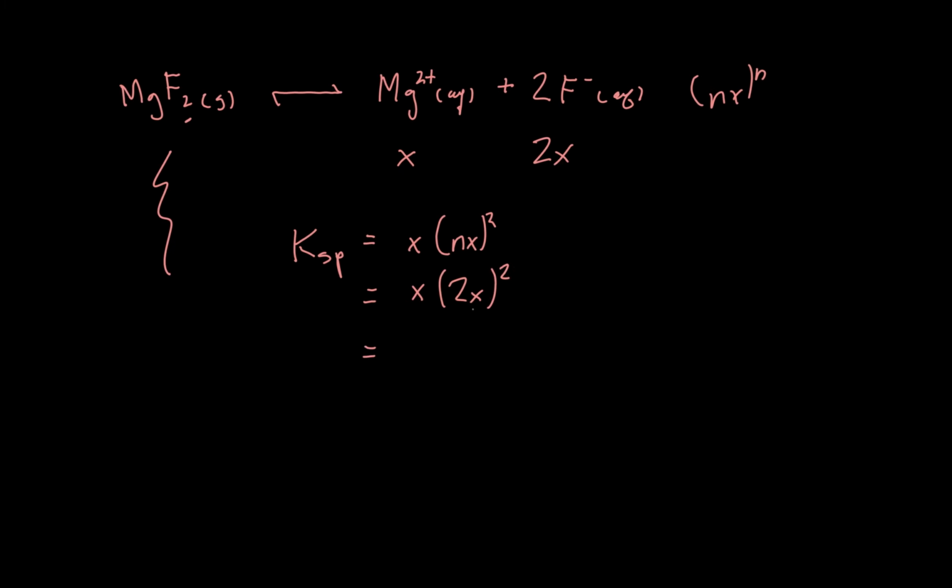Deal with your exponents first, your BEDMAS or PEDMAS or however you learned it. That gives you 4X squared times X, which is again 4X cubed.